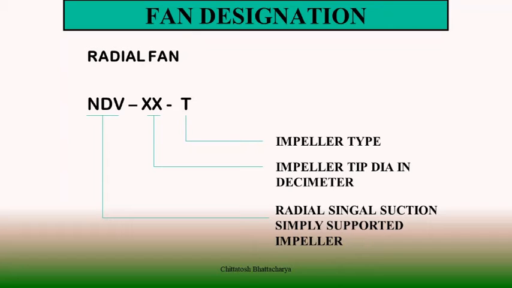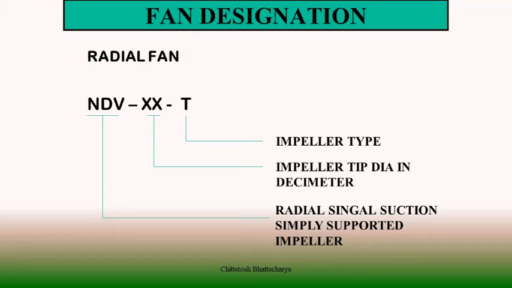In NDV fans, NDV implies radial single suction simply supported impeller, and next to NDV you will find two digits which represent the impeller tip diameter in decimeter, followed by a letter that designates the impeller type.